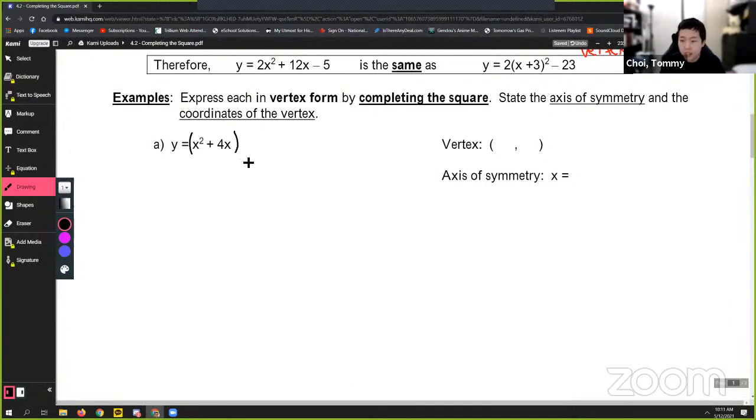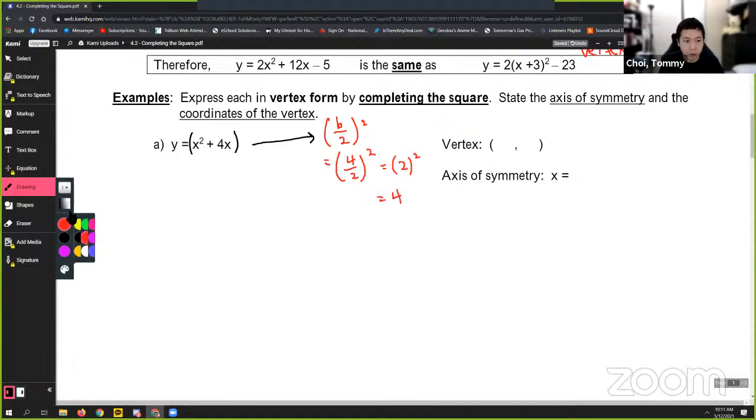Step 2, we're going to be doing our side work here with our b divided by 2 squared equation. Our b value is 4. And so we're going to do 4 divided by 2 squared. We do the bracket first. So 4 divided by 2 is 2. 2 squared is 4.